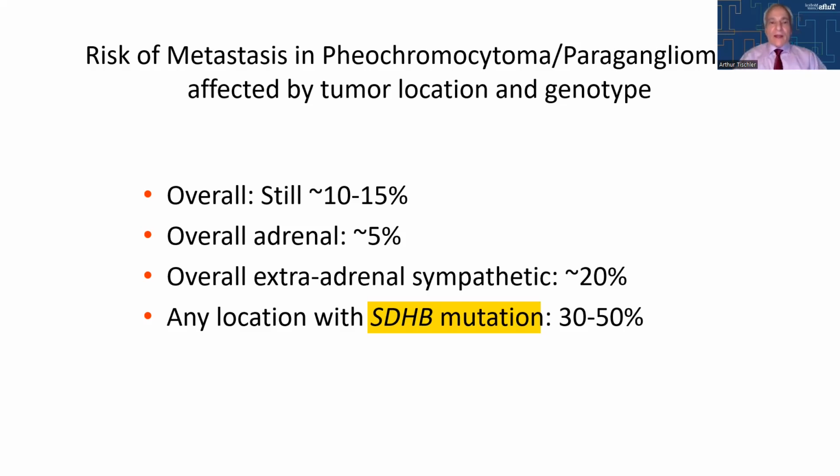However, in any location with the succinate dehydrogenase B mutation, succinate dehydrogenase B being one of the genes that encodes subunits of this Krebs cycle enzyme succinate dehydrogenase, the risk for metastasis is over 30%.